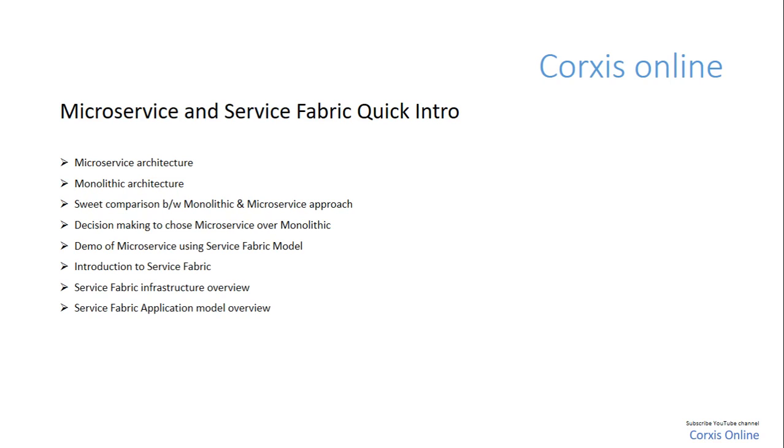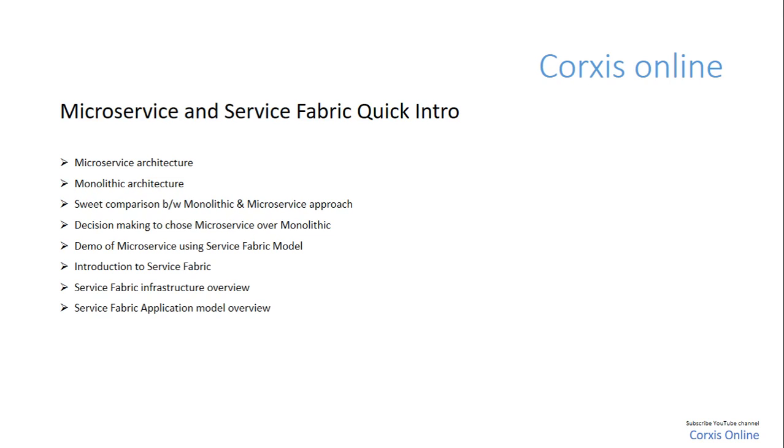After that, I'm going to show you a very small microservice demo using Service Fabric and Visual Studio 2017, and then I'm giving you an overview and introduction to Service Fabric: what the Service Fabric infrastructure offers you, and what the Service Fabric application model offers you when you're going to create microservices.